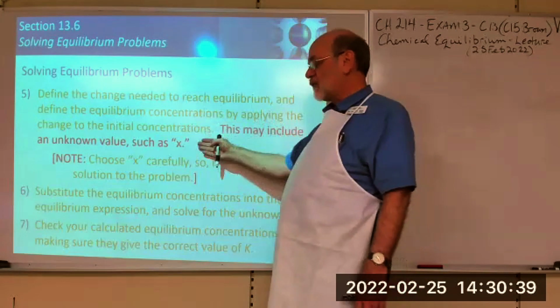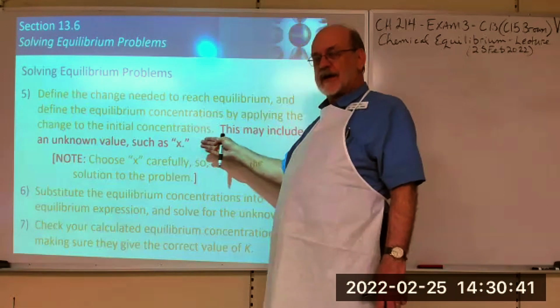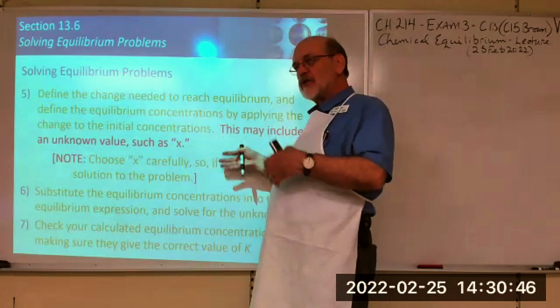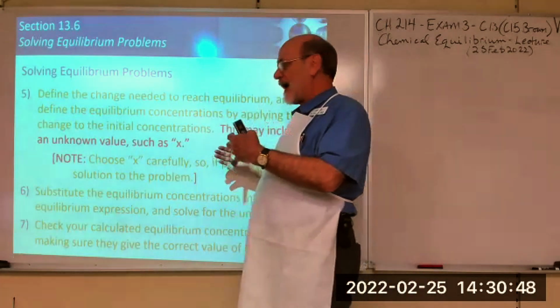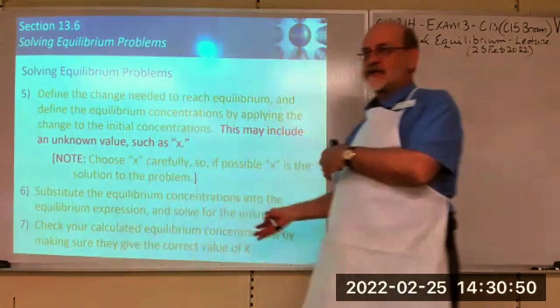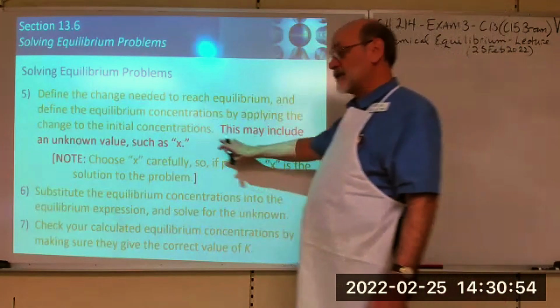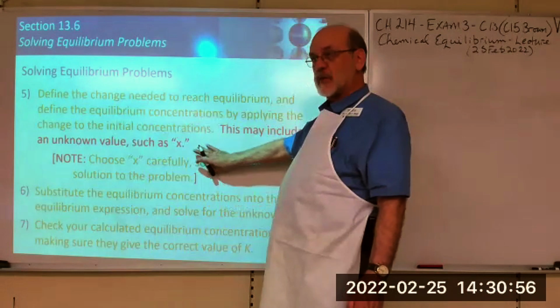So once you solve for X, you got your answer. If you can't do that, then you'll solve for an X, and then you'll use that value to derive the answer. That just adds an extra step. You don't need to do that. If you can set up X so it is the answer, then that's the best way to go.